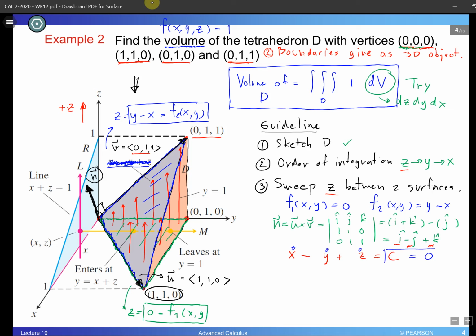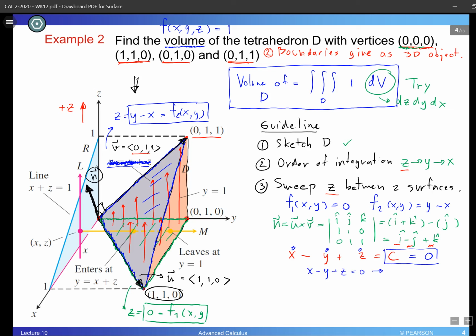Okay. I solved the equation, I got c to be equal to 0. So in the end, we have x minus y plus z equal to 0.